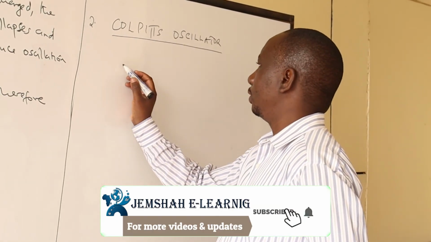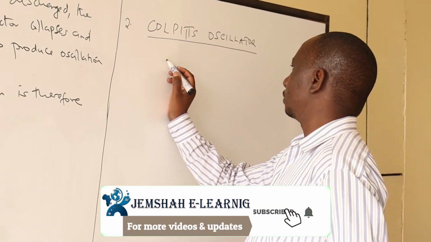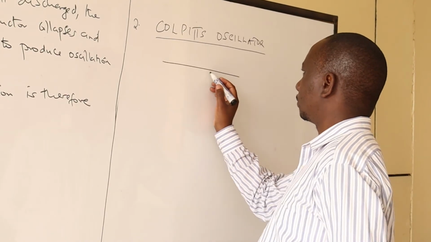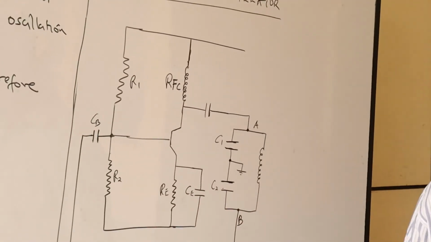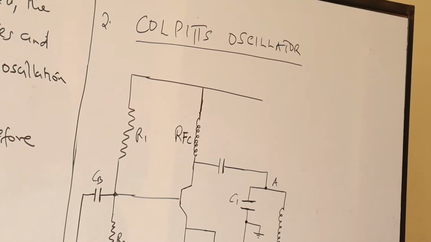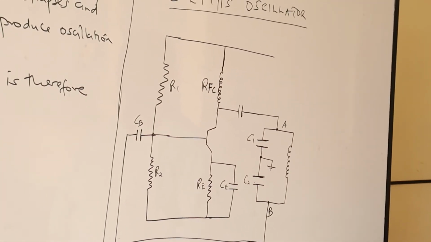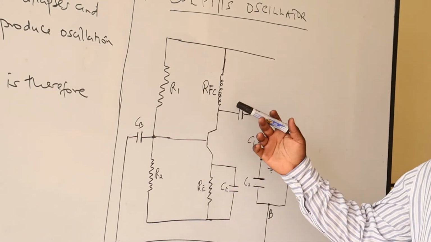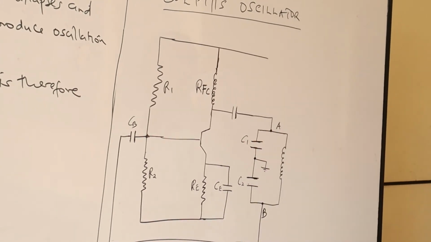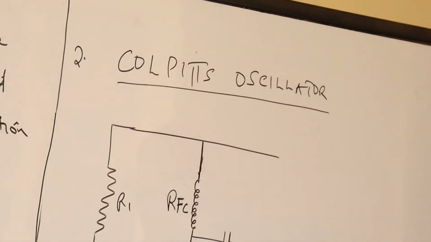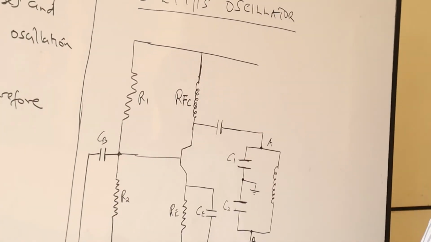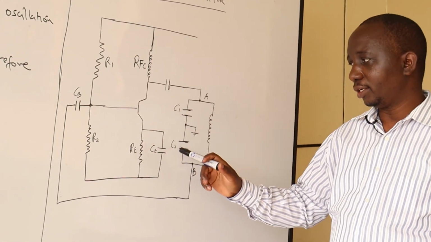We shall be able to draw this. The Colpitts oscillator has a unique feature in that the circuit used to produce oscillation has two capacitors, C1 and C2.